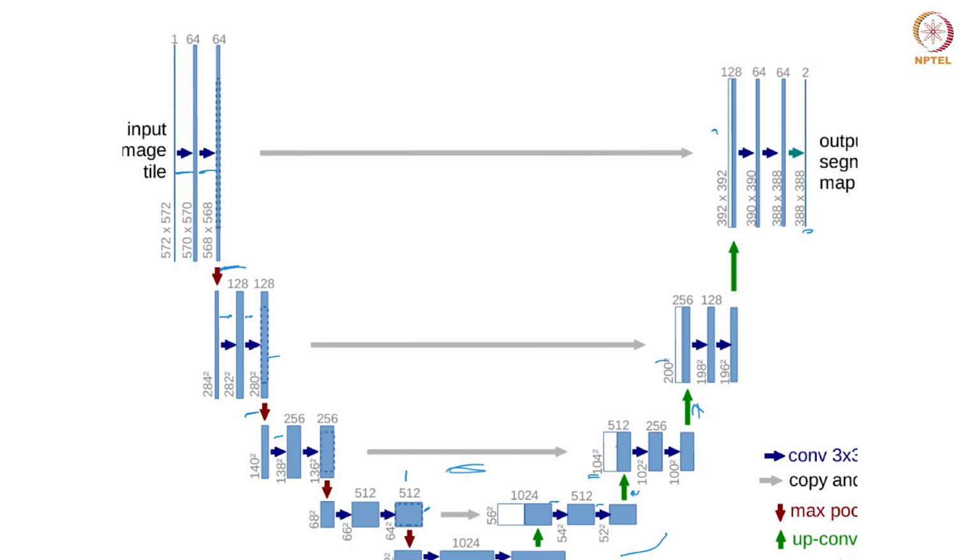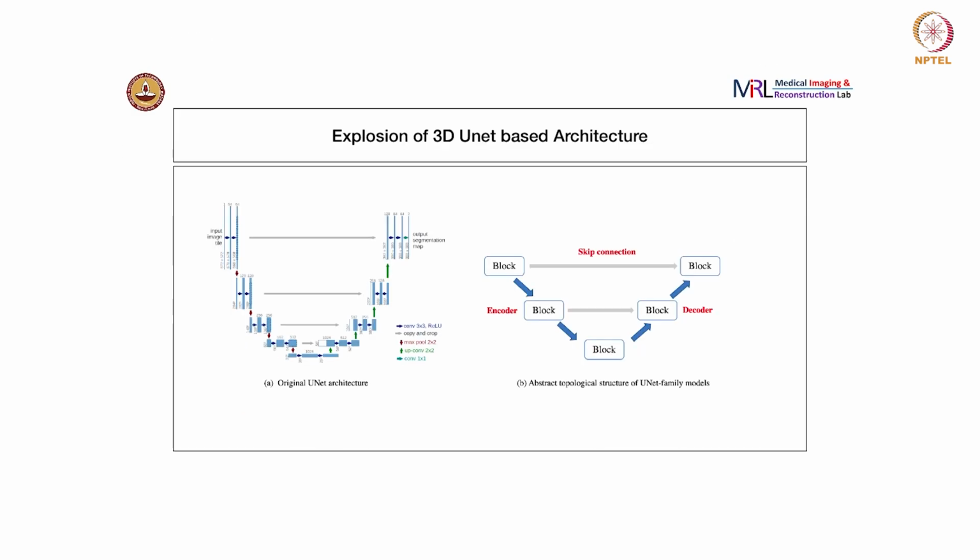The cropping and concatenation from the encoding to decoding layer is just to provide information for better upsampling and better prediction, because a lot of the high resolution information is there in the encoding pathway, which is lost when you try to decode. So you need to give that input in order for better decoding. So there are thousands of variants of this, seemingly, and of this 3D UNet.